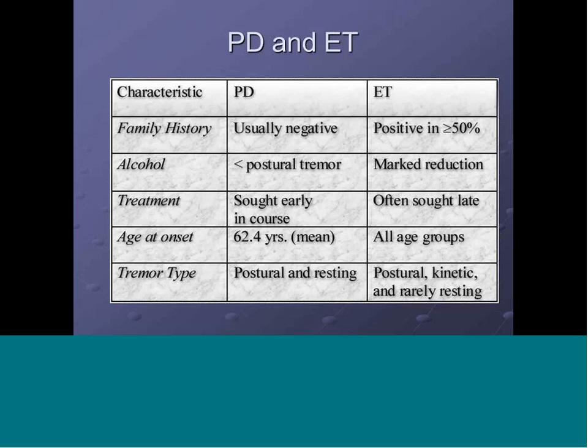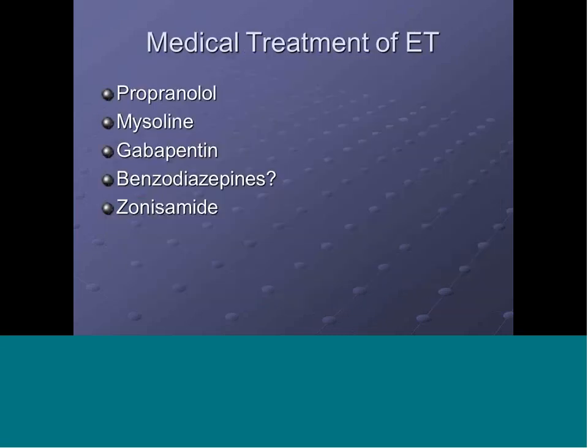There is improvement with alcohol with essential tremor. Usually people have it for years and years before they even come in for treatment. Age of onset can vary, but in Parkinson's it's usually late 50s to 60s. Tremor type in Parkinson's is more postural and resting, whereas in essential tremor it is more postural and kinetic.